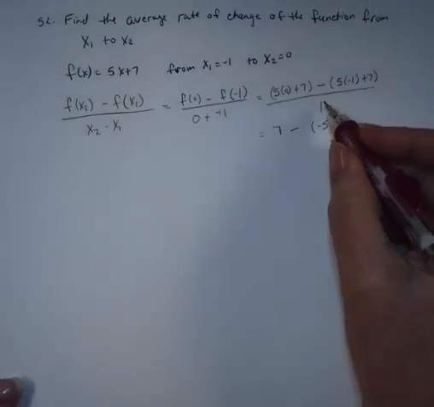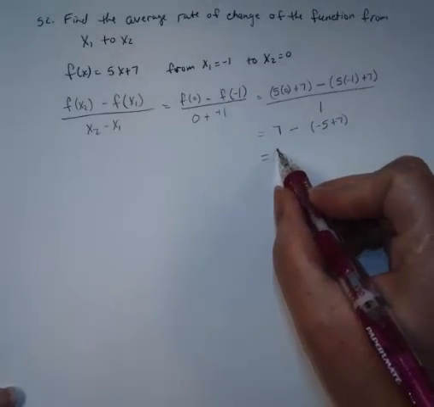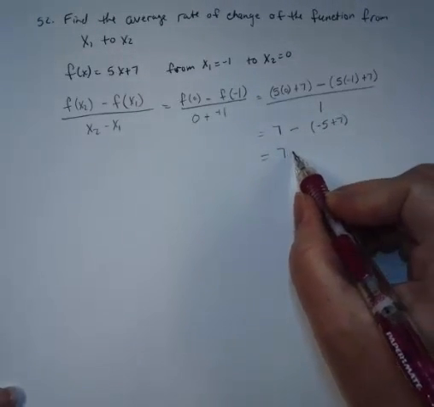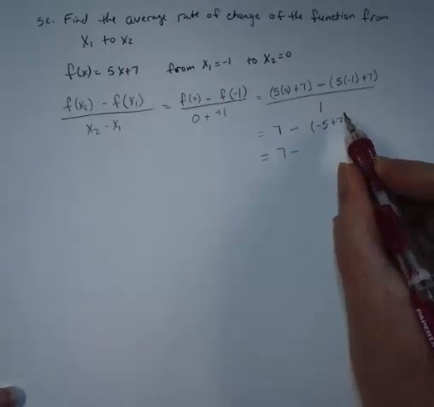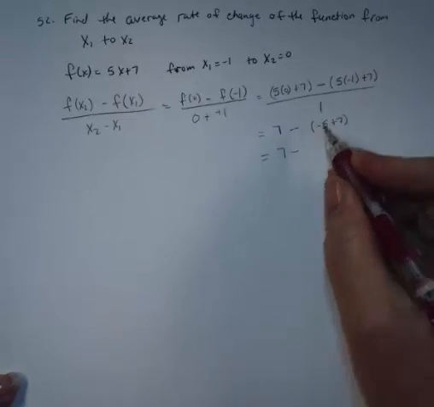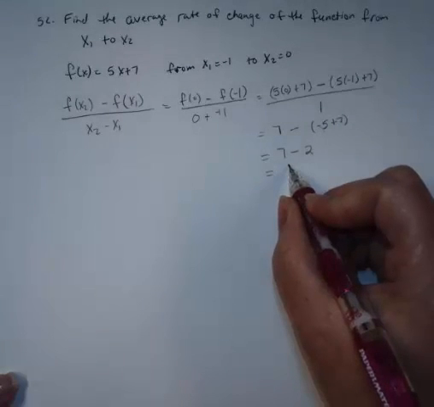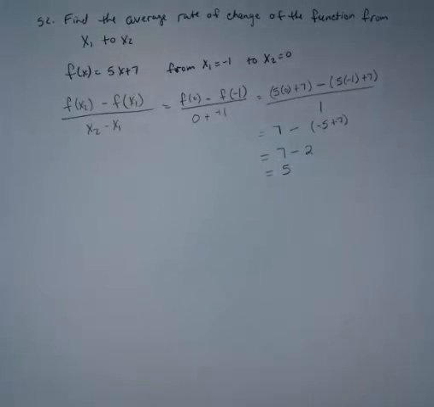So we're just going to leave our fraction off because the 1 will not do anything with what we're accomplishing here. So 7 minus negative 5 plus 7. 7 is the bigger number, so we're going to subtract the 5. So 7 minus 5 will get us 2, and we can just put it right there. So this will equal 5 because 7 minus 2 is equal to 5.